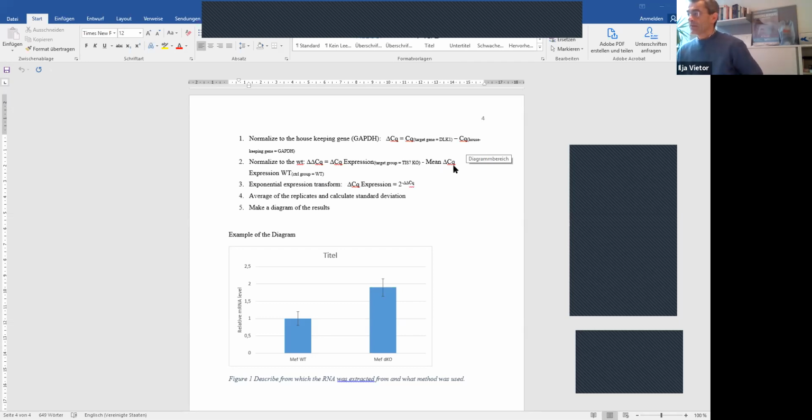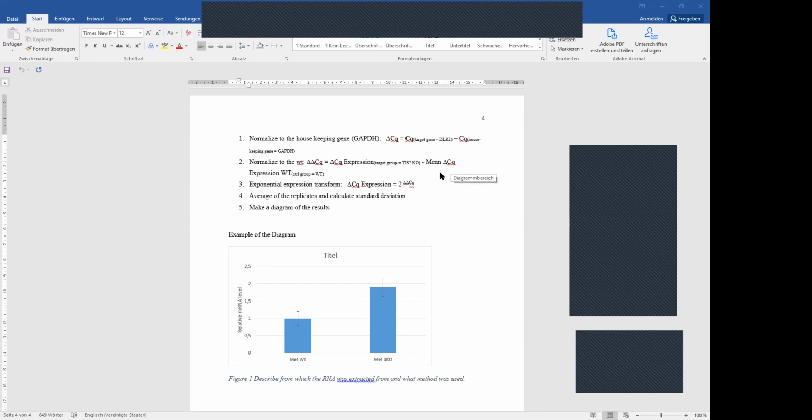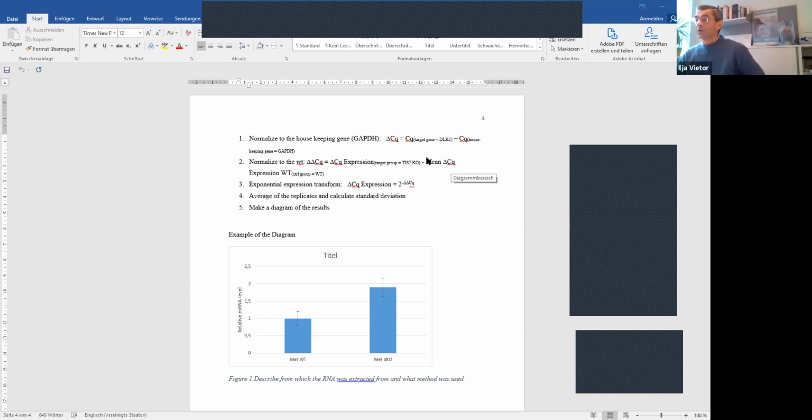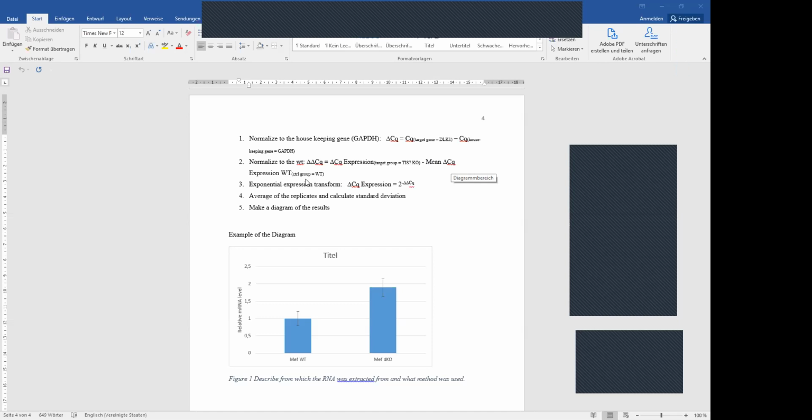You have 6 individual values, 3 times wild type, 3 times T7 knockout. But for wild type there are only 3 measurements. So the mean of the delta CQ expression for wild type is from the 3 control values.